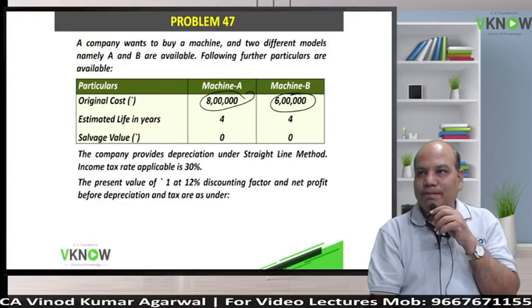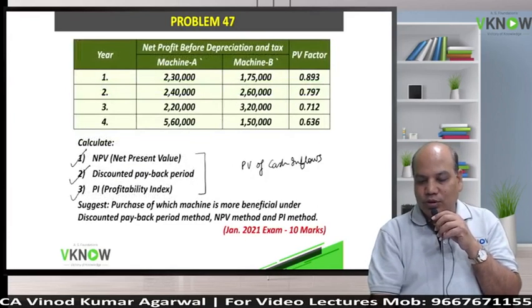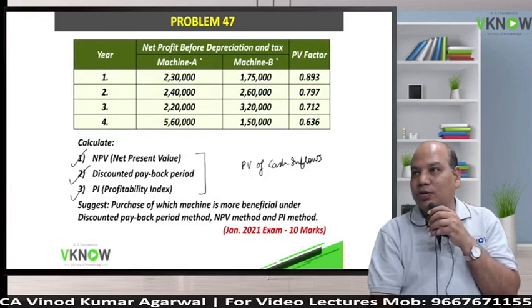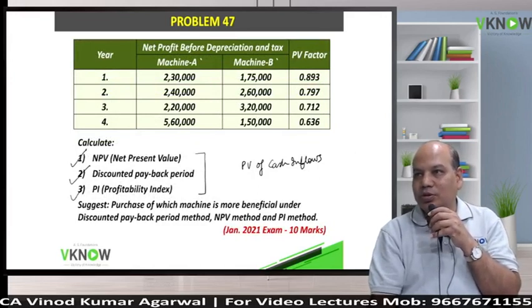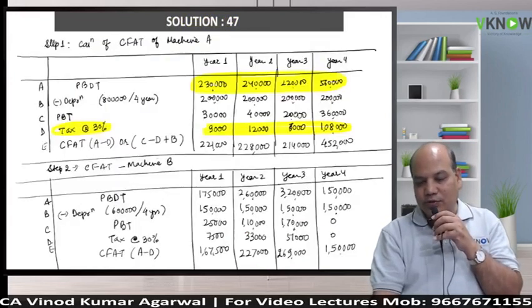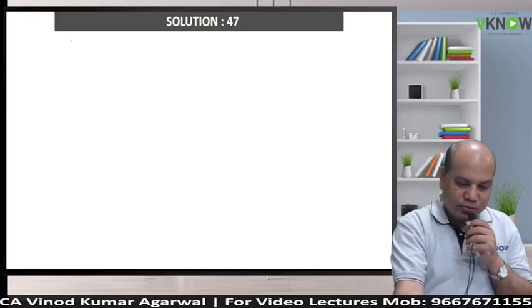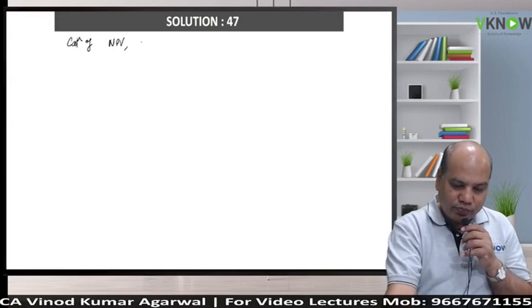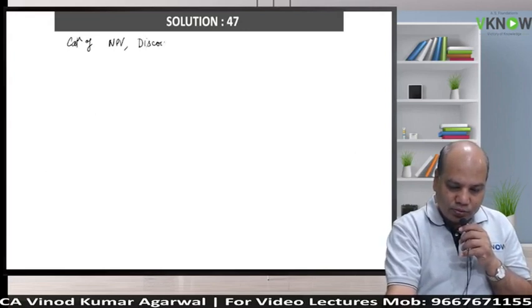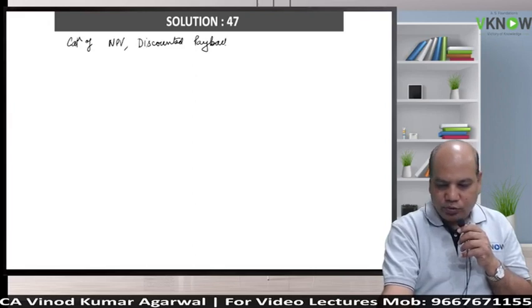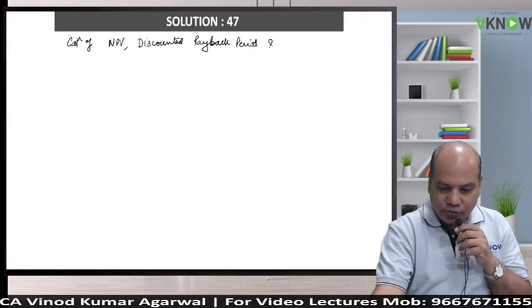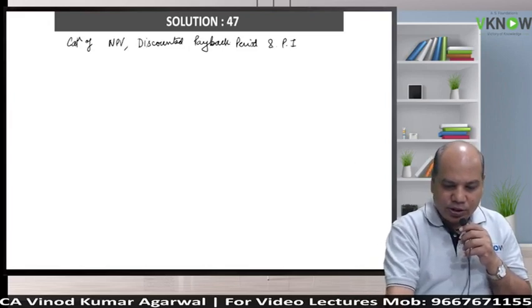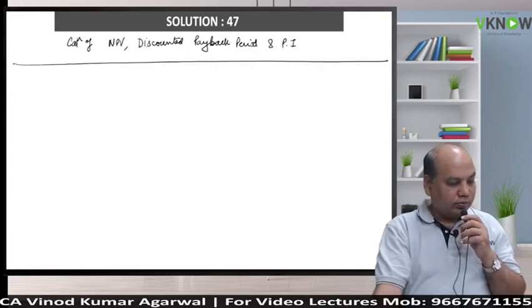So I don't have to prepare separate working notes for NPV, discounted payback and profitability index. With practice, you'll get such ideas that save time in the exam. Otherwise you'll have to prepare a separate table for each of them.